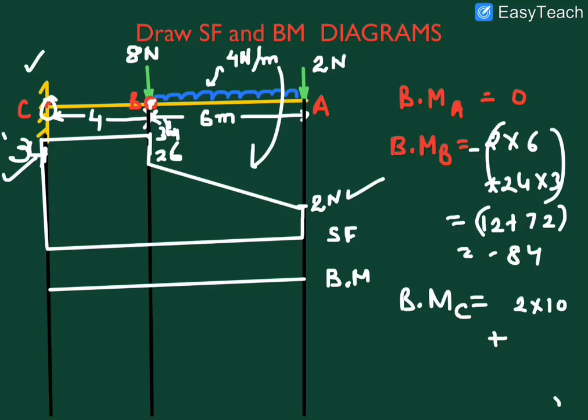You always write here that this is 24 Newton acting at the center and this is 3 meter, and from here to here, the total distance is 7. We can say 24 into 7.